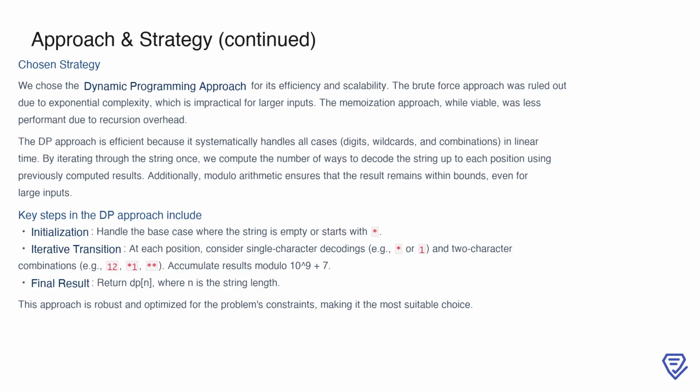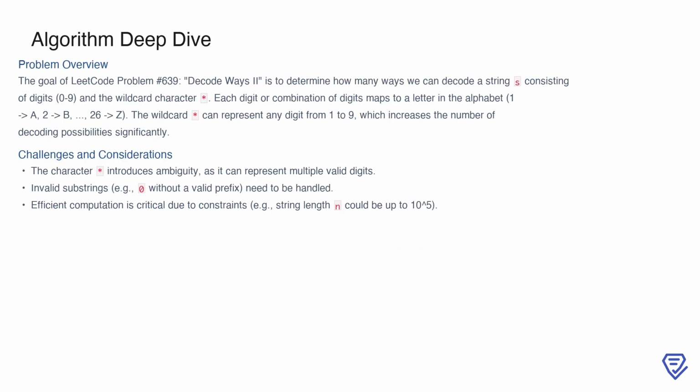The problem asks us to determine the number of ways a given string S can be decoded into letters. Each digit or combination of digits corresponds to a specific letter of the alphabet, where 1 maps to A, 2 maps to B, and so on up to 26, which maps to Z. However, the presence of the wildcard character asterisk adds complexity, as it can represent any digit from 1 to 9.